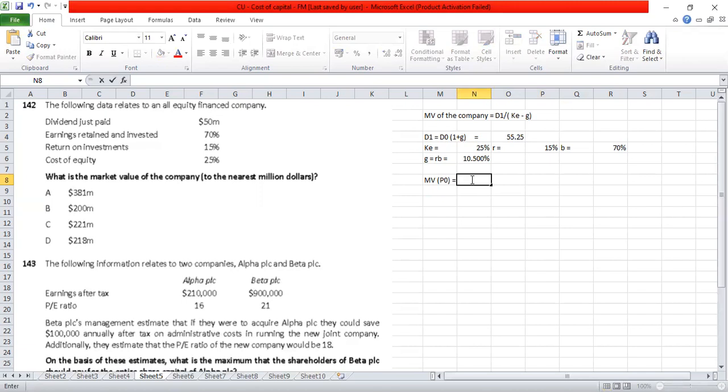Ma'am, 381 million. 81, okay. So D1 we got it as 55.25, divided by the cost of equity, 25% minus 10.5%.